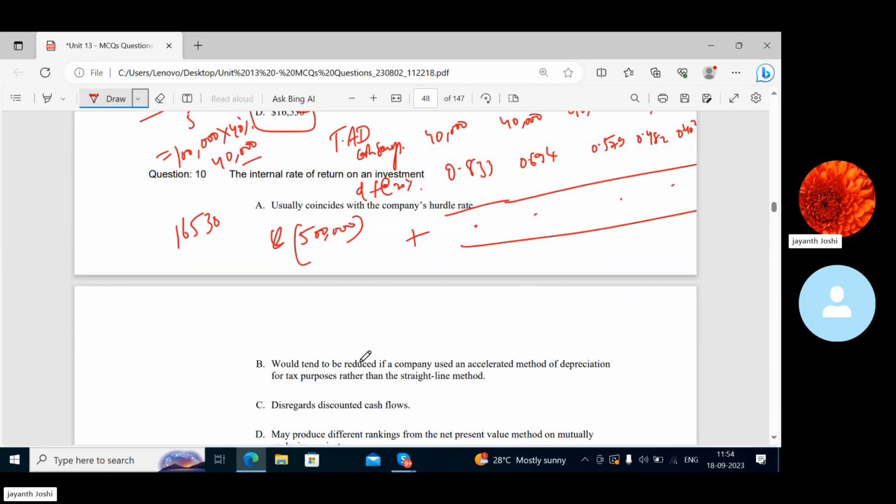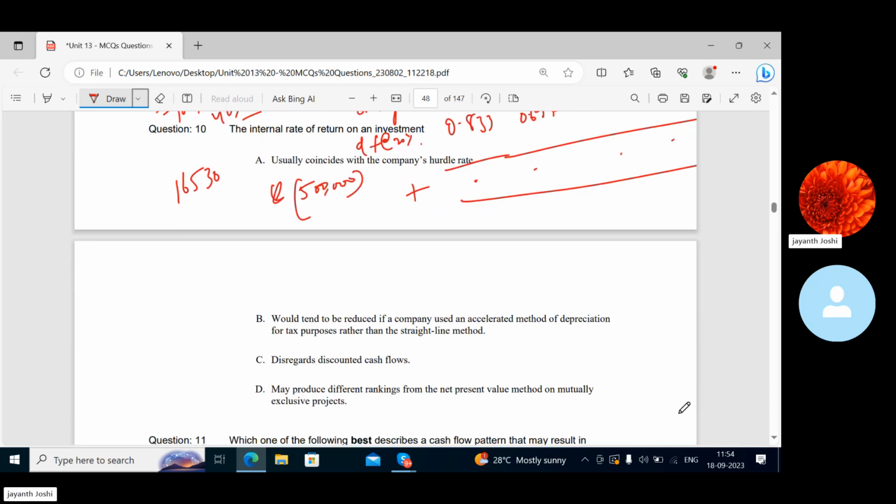The IRR on an investment. Can you just tell me the answer for this? A hurdle rate. No, no, how come it usually coincides with the hurdle rate?